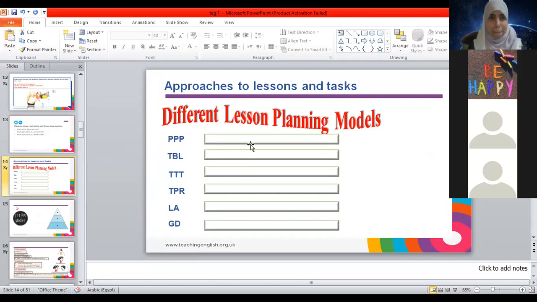In the first part we talked about approaches, inductive and deductive. Now we will talk about the models used while planning a lesson.